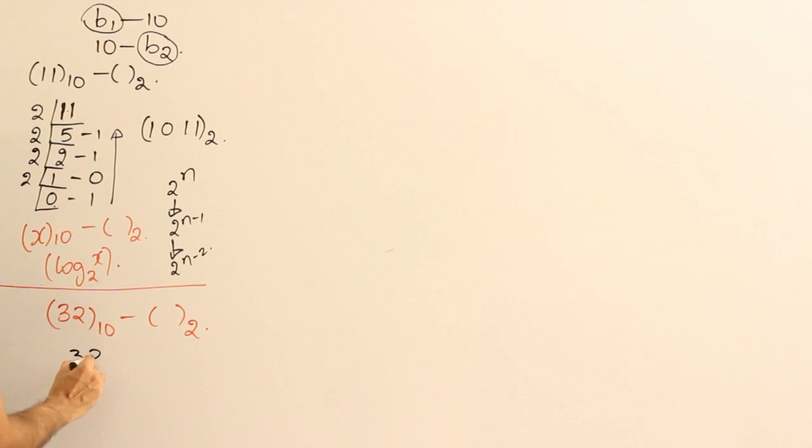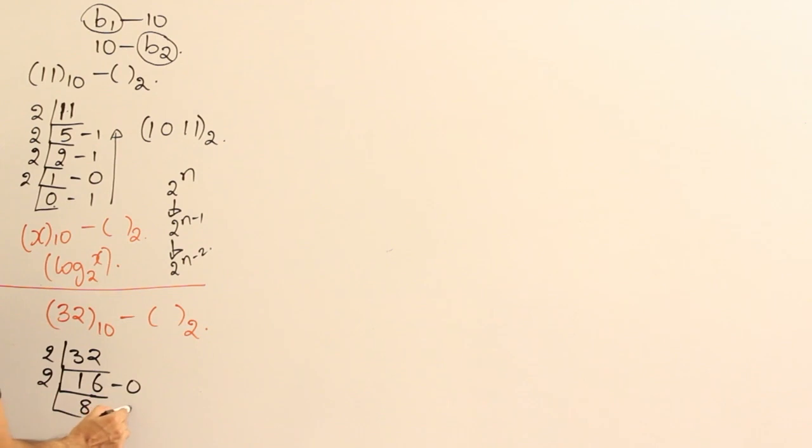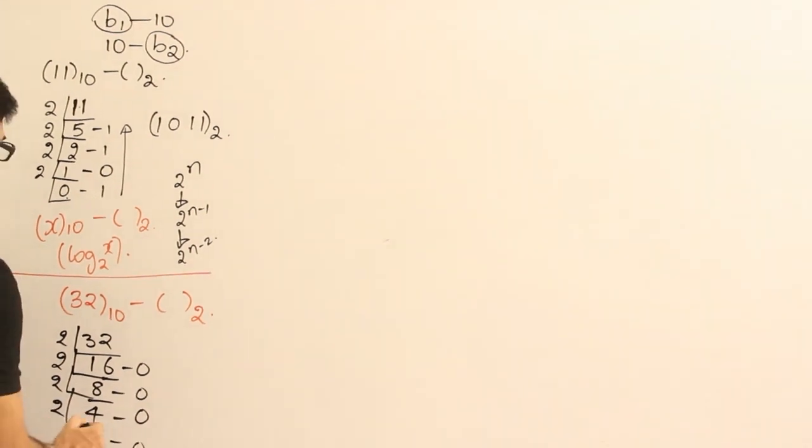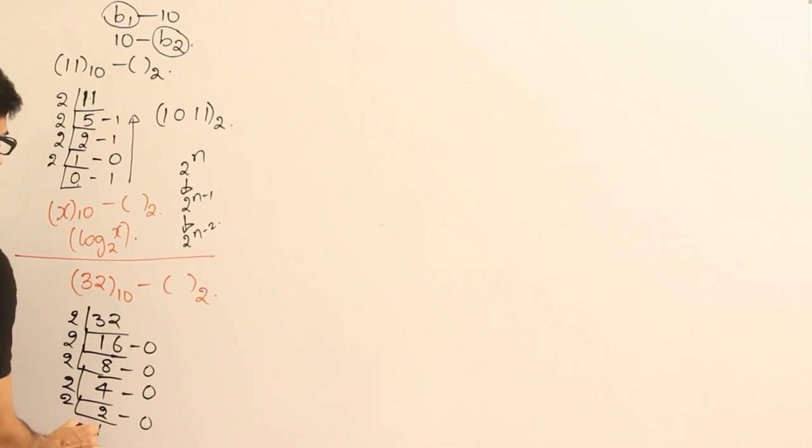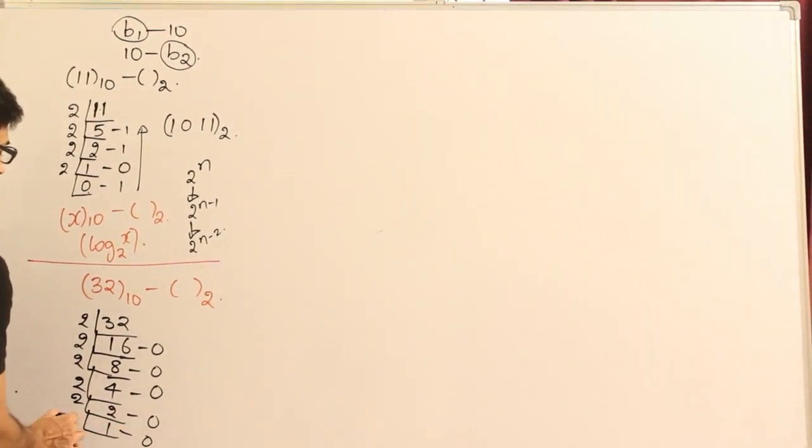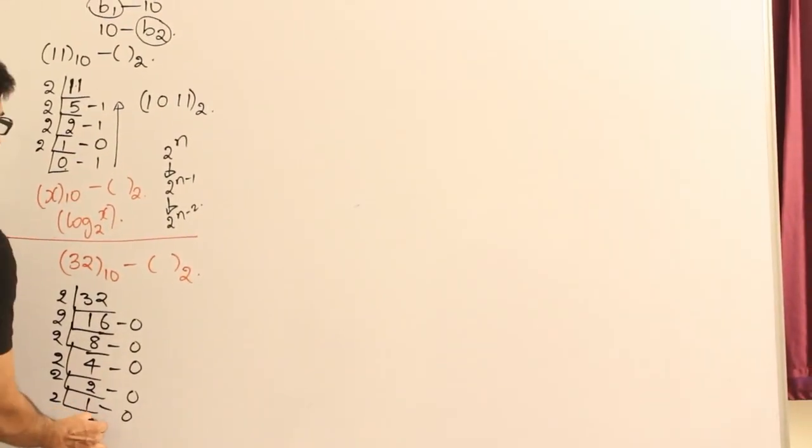So 32, when I divide by 2, what is the quotient? 16. What is the remainder? 0. Divide by 2, quotient is 8, remainder is 0. Again divide by 2, quotient is 4, remainder is 0. Again quotient is 2, remainder is 0. Again quotient is 1, remainder is 0. Again quotient is 0, remainder is 1.